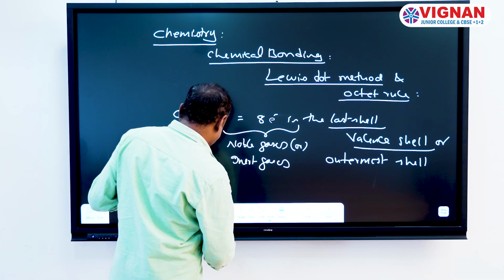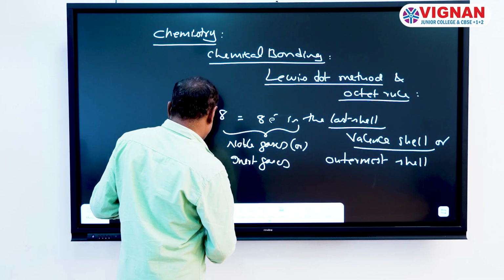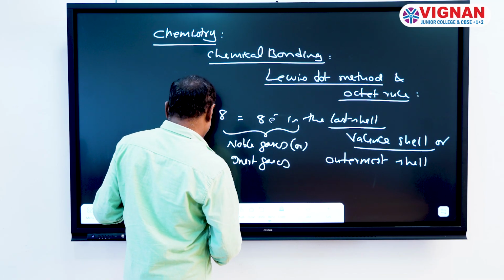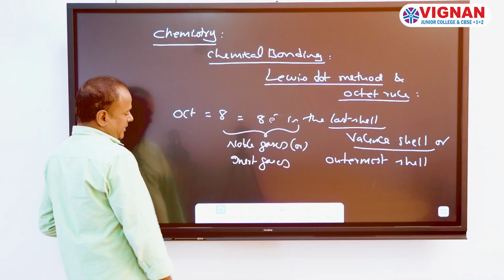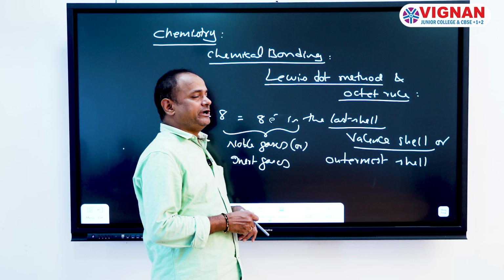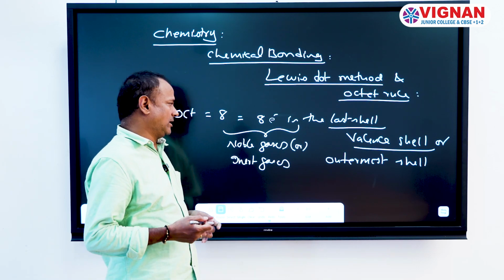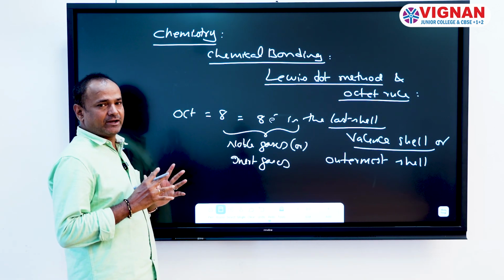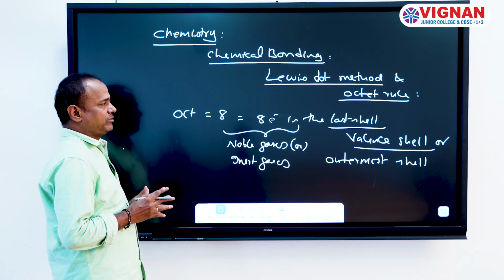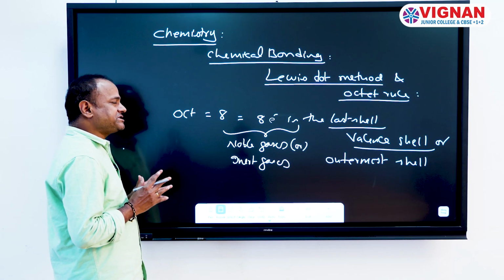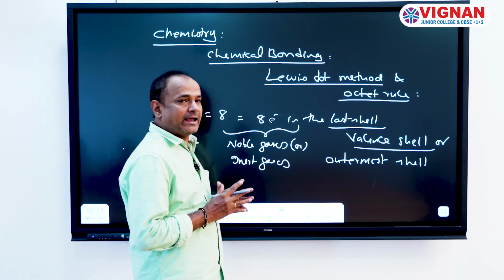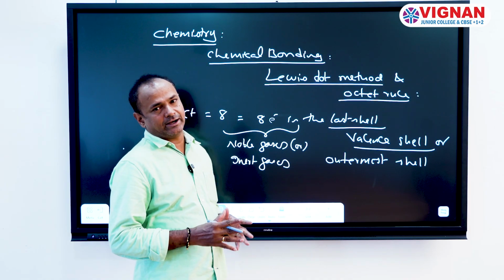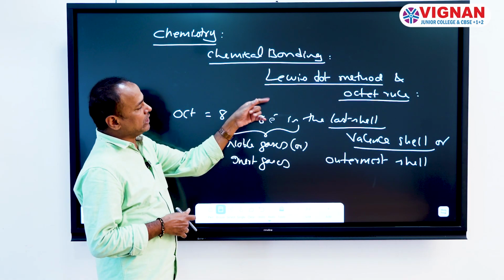Now we can explain this stability in terms of bond formation for the remaining elements, that is, bond formation means loss or gain or sharing of electrons by ionic bond or covalent bond. But each and every time, instead of using the orbital diagram, a shortcut method was introduced by Lewis.